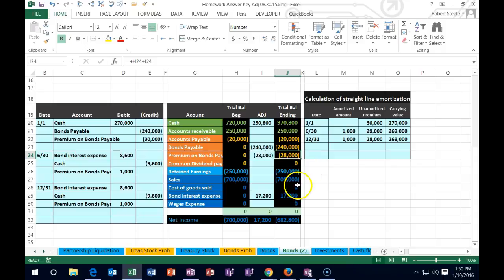And then, of course, the expense will be reflected as the difference. The carrying value in this case is $268,000. It will be at the end of 15 years just $240,000 because we will have to amortize this down to 0, thereby leaving us with the $240,000 that we will have to then pay as of the end of the term of the bond being 15 years in this case.